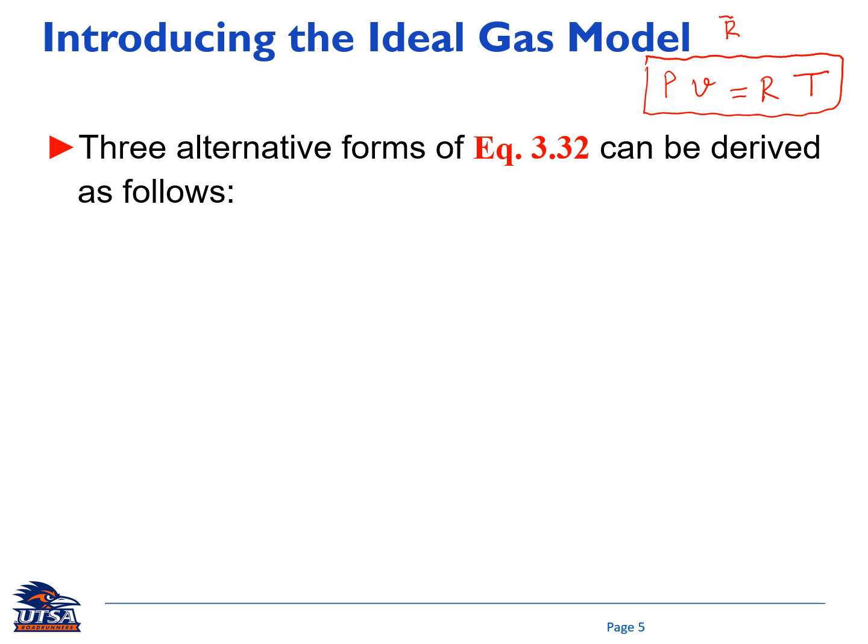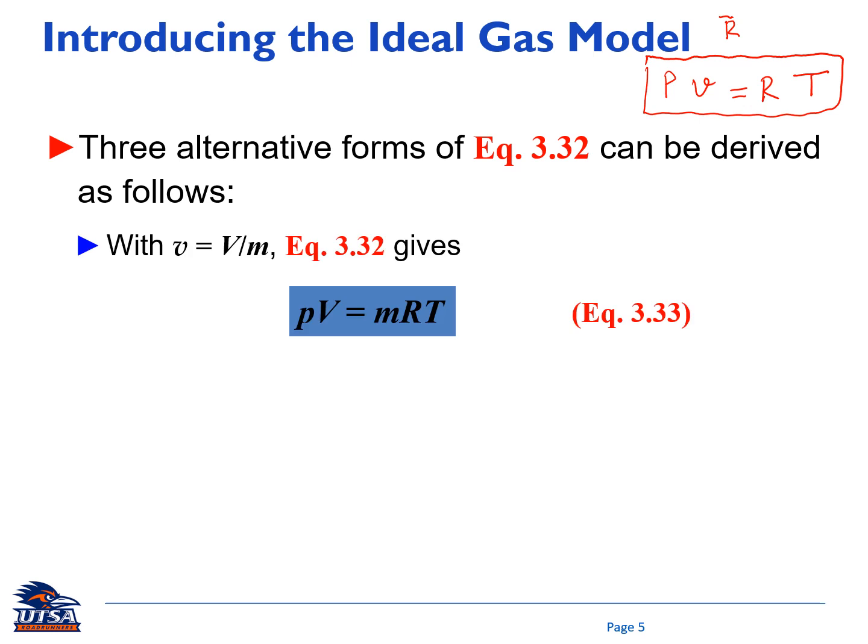There are three alternative forms of equation 3.32. The first form is when we substitute specific volume, small v, by the equation that specific volume equals volume divided by mass. Remember that specific volume equals 1 over rho, the density, and I believe the formula of density is more popular.